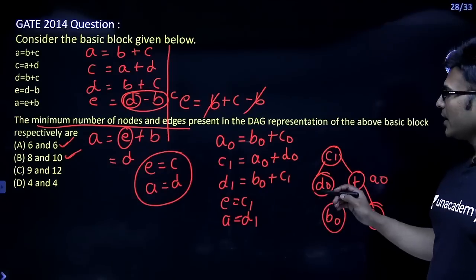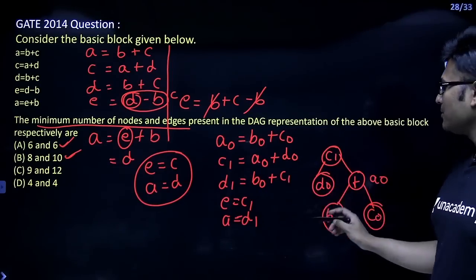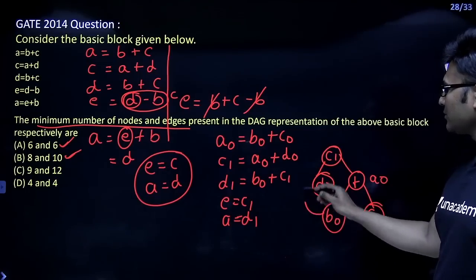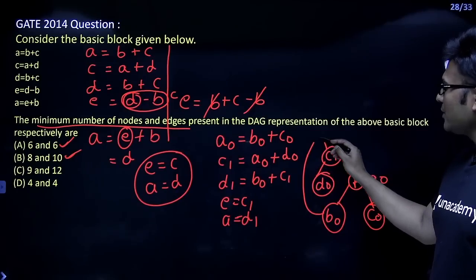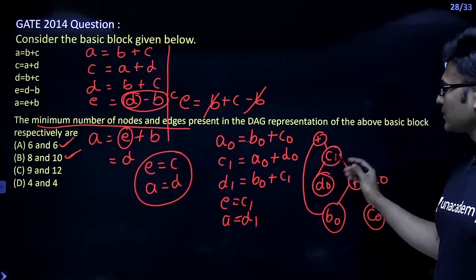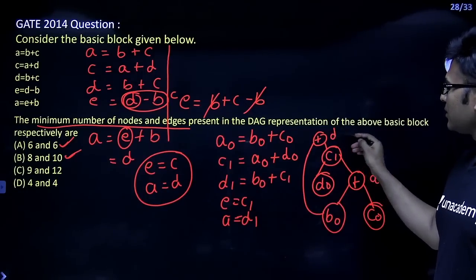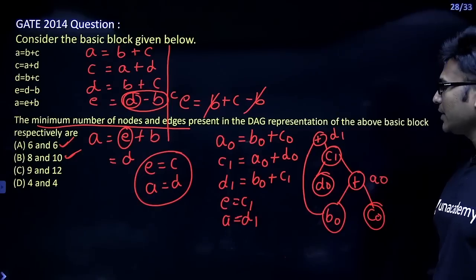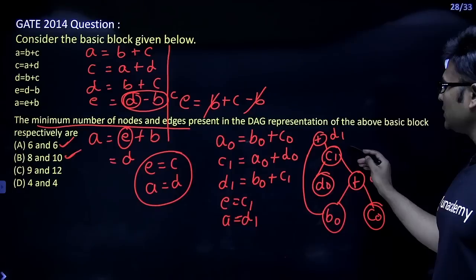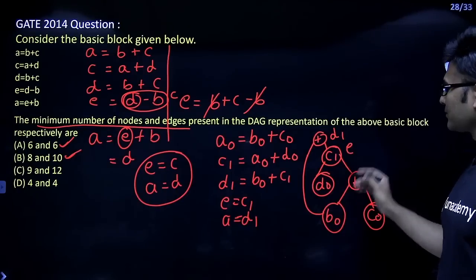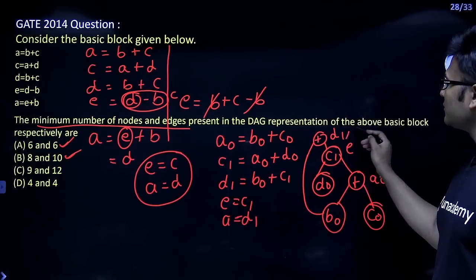And now for C1 I am going to add B naught. So what do I get? D1. And clearly E is C1, and A is D1.